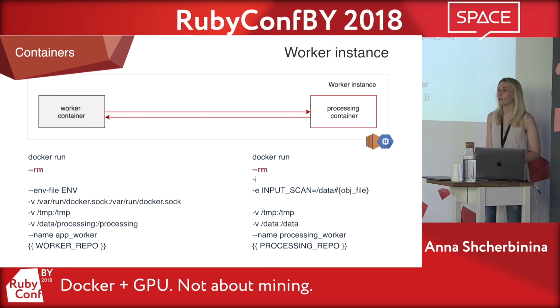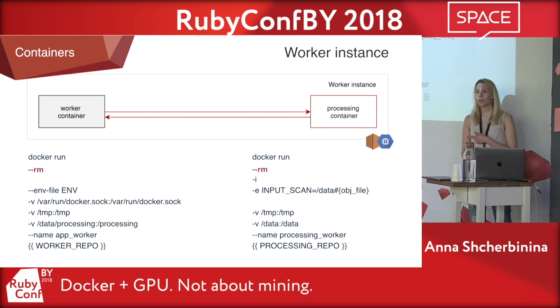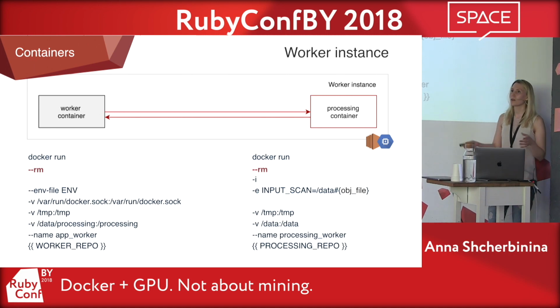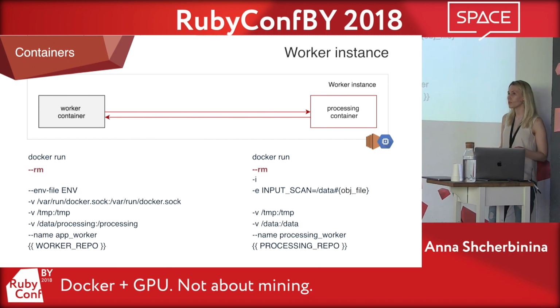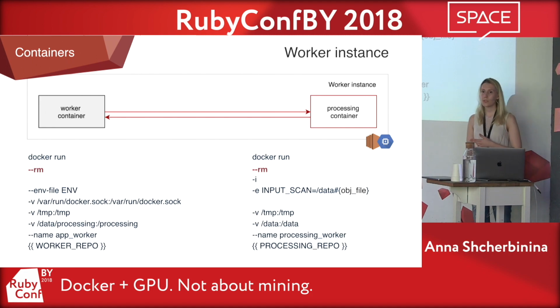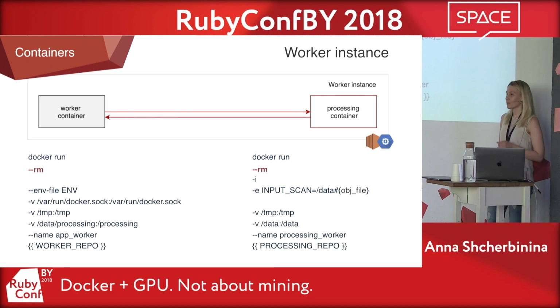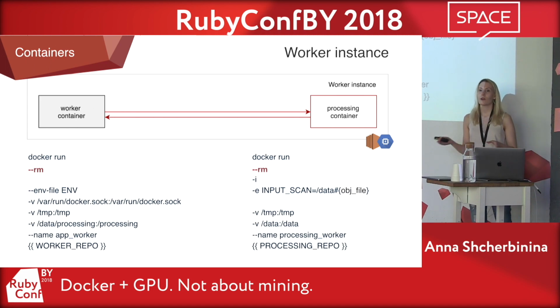Let's walk through other attributes of our containers. I use the restart policy, but for different purposes for each container. For the worker container, I use restart always because the container is launched from the image by Ansible on Upstart. So if something bad happens to it, it will just be relaunched from the image, and that's okay.